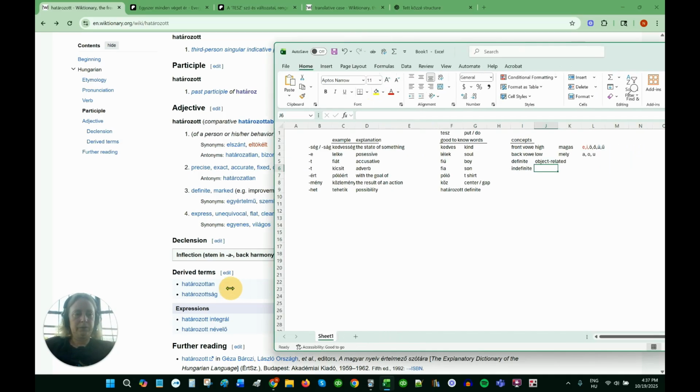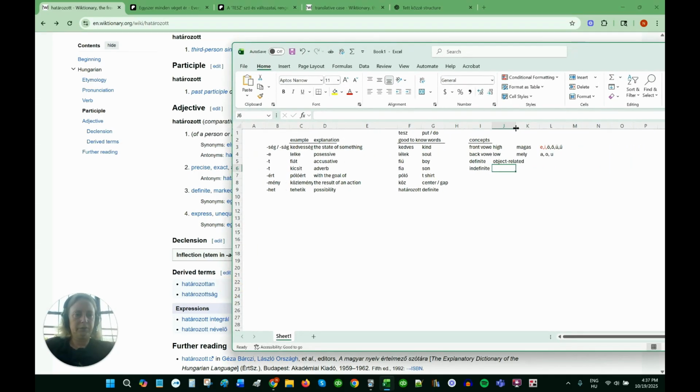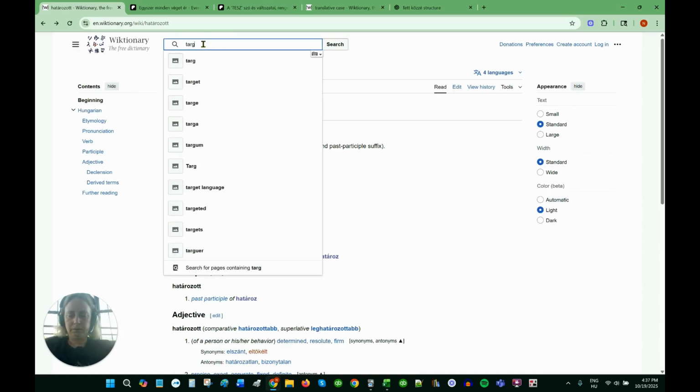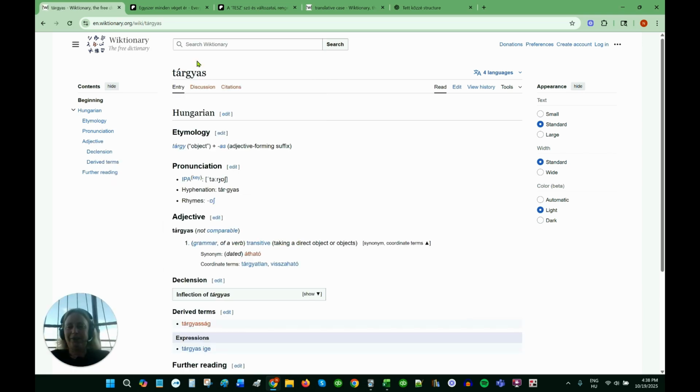The object is going to determine a different conjugation than normal. So definite, and that's called tárgyas. Like I said, I get mixed up constantly.